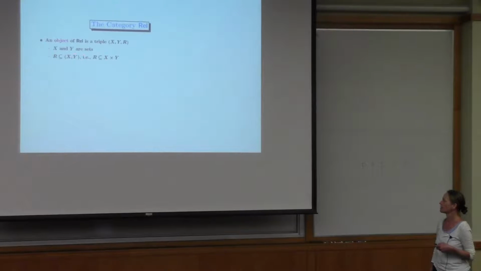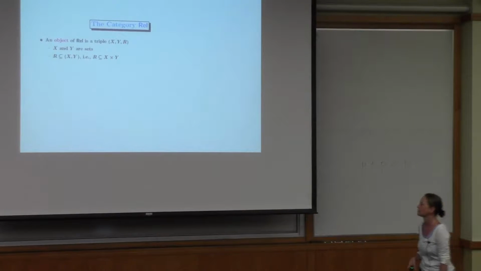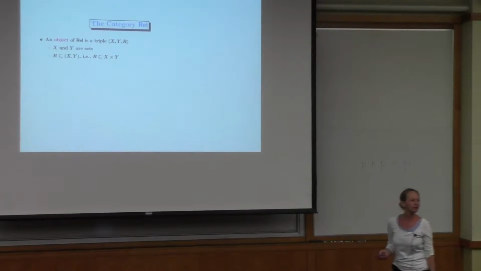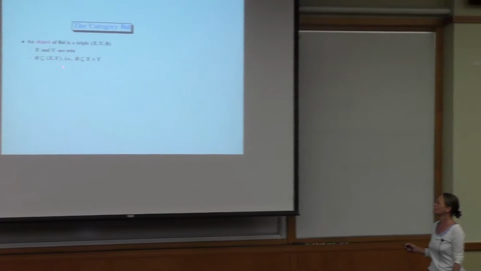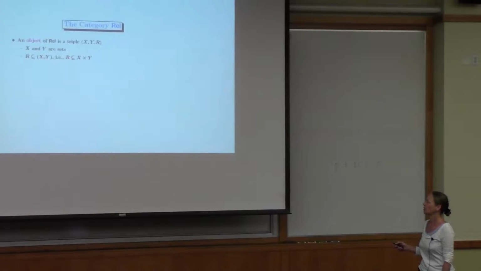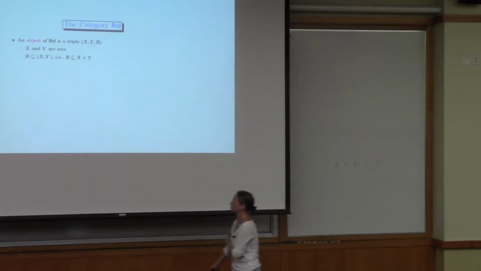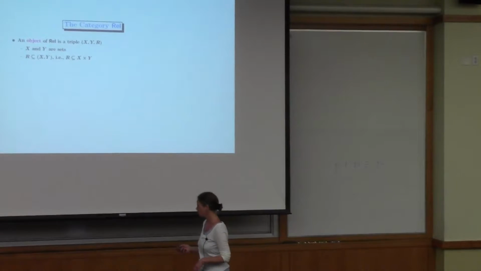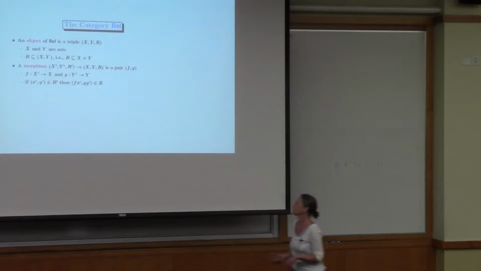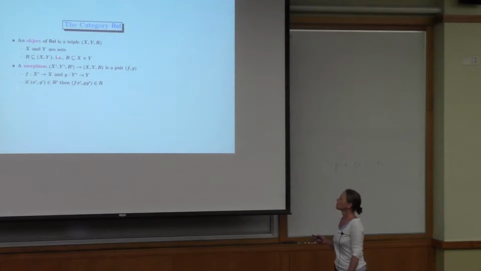Okay? So these are relations on sets. So X and Y are sets, and R is a relation on X and Y. So R is just a subset of X cross Y. I think I got a little bit sloppy in writing X cross Y versus a pair XY, so hopefully you'll just read those interchangeably. Okay, so what's a morphism in this category? Well, a morphism from one object, one triple, to another triple is just a bunch of maps.